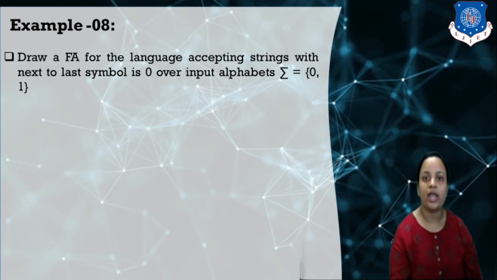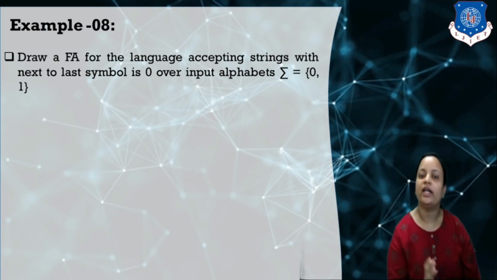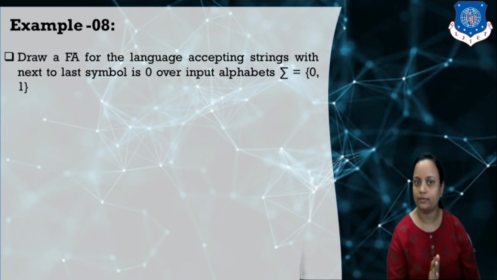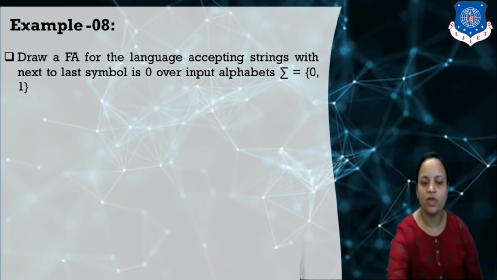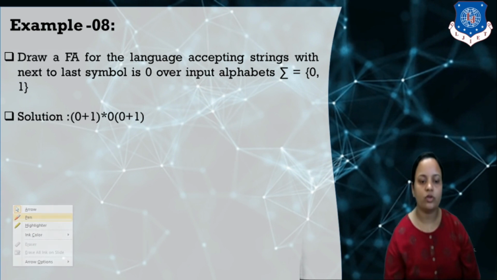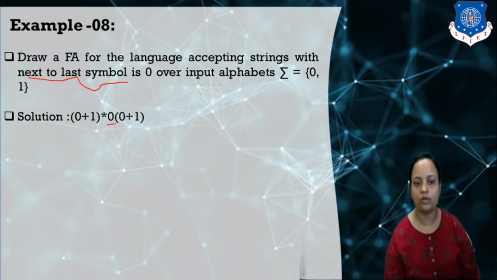So next to last means the second last symbol must be a 0. For this we have to write down the regular expression. Here this position is fixed, and we have to write a 0 because they said the next to last symbol is 0.